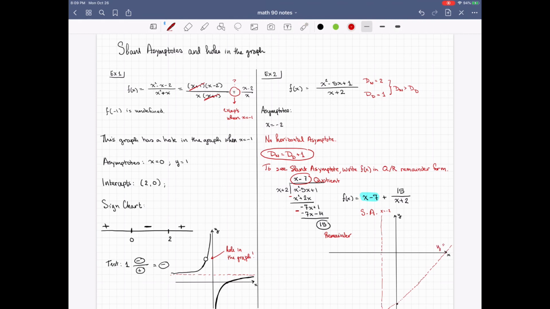So you have your slant asymptote here, y equals x minus 7, your vertical asymptote here, and the graph will look something like this. It will look something like that, and then the other piece will be down below where you can't see it. So stay tuned for the next video, in which I will more thoroughly talk through an example of a function with a slant asymptote.